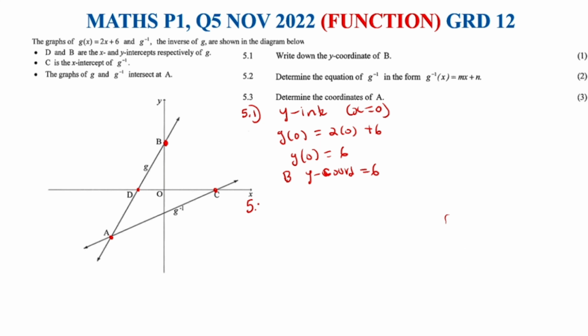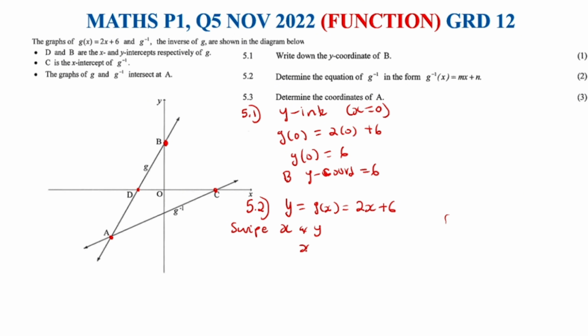Let's go ahead. 5.2 is determine the equation of g to the power of -1, which is the inverse, in the form g to the power of -1 of x is equal to mx plus n. Great stuff. So what you do here, you come here and say, okay, this is g of x. You write it in terms of y. It's given to us as 2x plus 6. What you do first is swap your x and y variables.